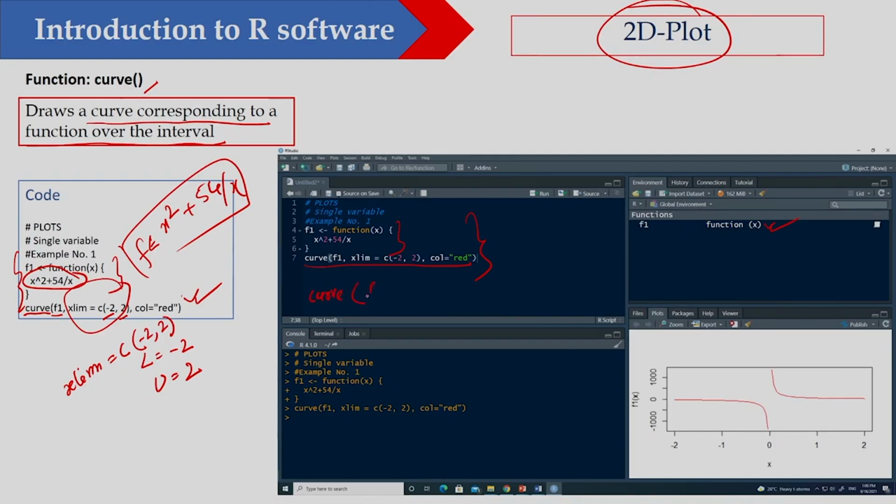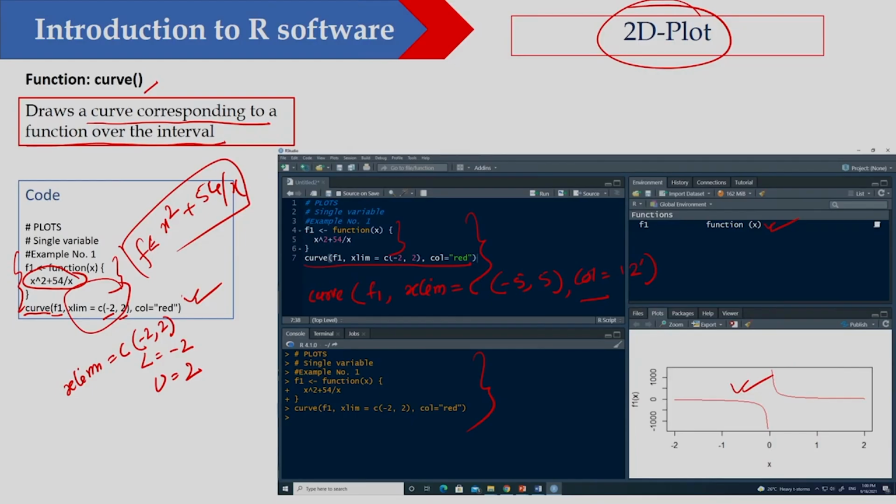So, curve, and this is your f1, then xlim you will define now, c equal to minus 5 to plus 5. So, anyway you can define the color, okay. So, what color do you want to use? You can use red, or basically you can also put some number, okay. So, suppose 2 is basically red, okay. So, I can do that, and if I execute that one, I will get this particular plot here.